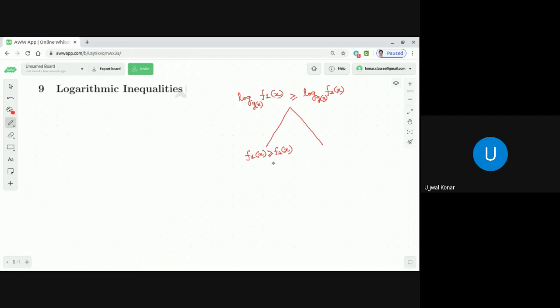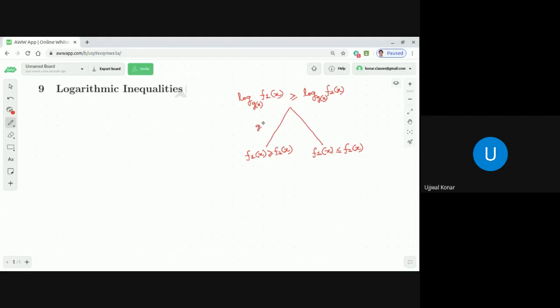So log of f1(x) base g(x) greater than or equal to log of f2(x) base g(x) can lead to a discussion that f1(x) is greater than or equal to f2(x), or we can say f1(x) less than or equal to f2(x). That is also possible. And who decides which branch? It is defined by the function g(x).